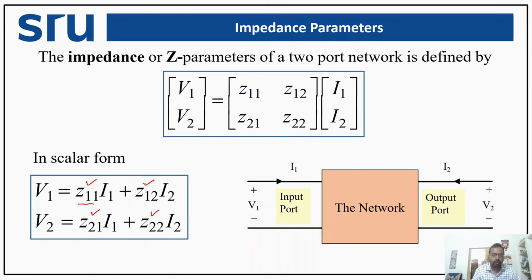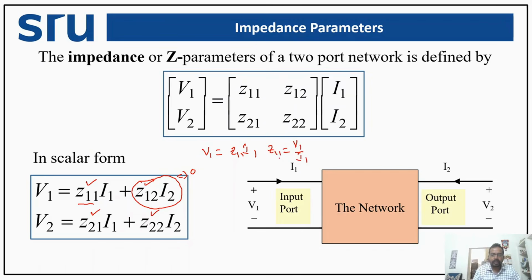We try to make this particular term Z12 I2 equal to 0. So if we make this term equal to 0, our equation becomes V1 equal to Z11 I1. So my Z11 can be given as the ratio of V1 by I1.